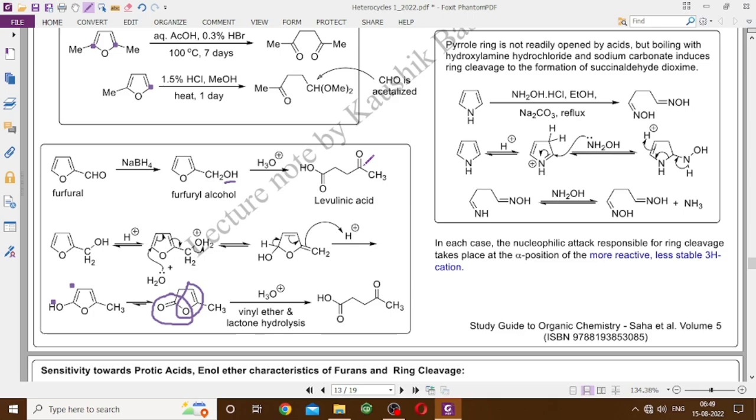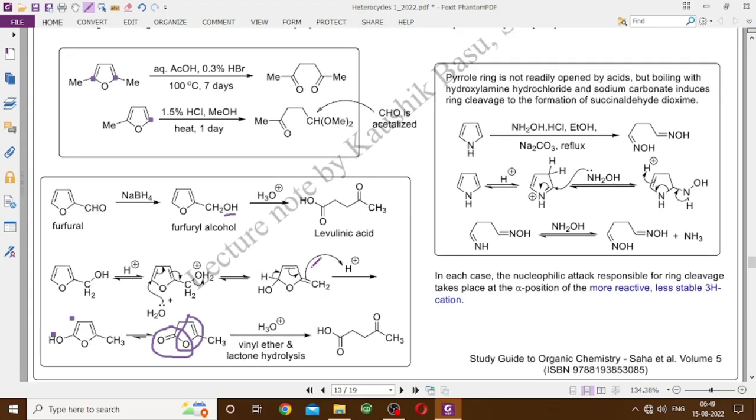A very useful synthetic intermediate used in many synthetic schemes. So I leave it to you to find out how this vinyl ether and lactone hydrolysis can take place. Think in terms of the possible mechanism that is happening in the acidic medium to reveal the levulinic acid.